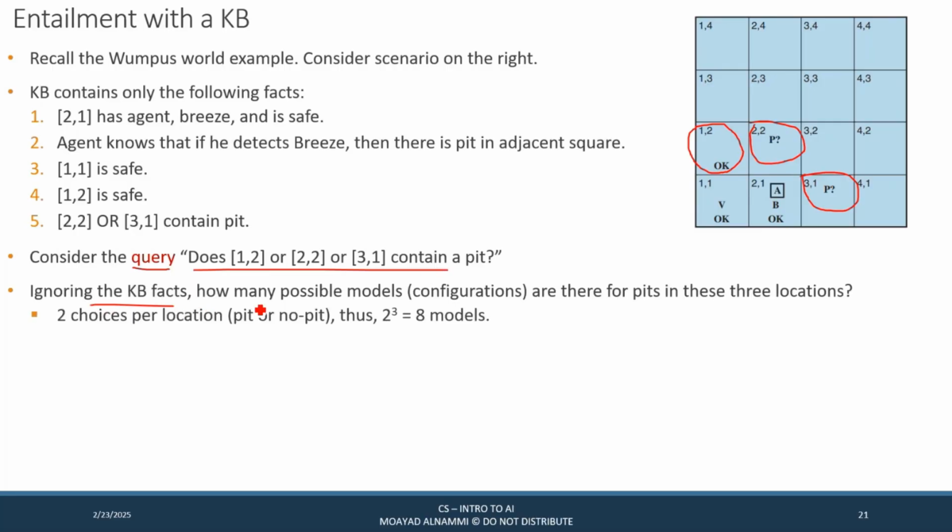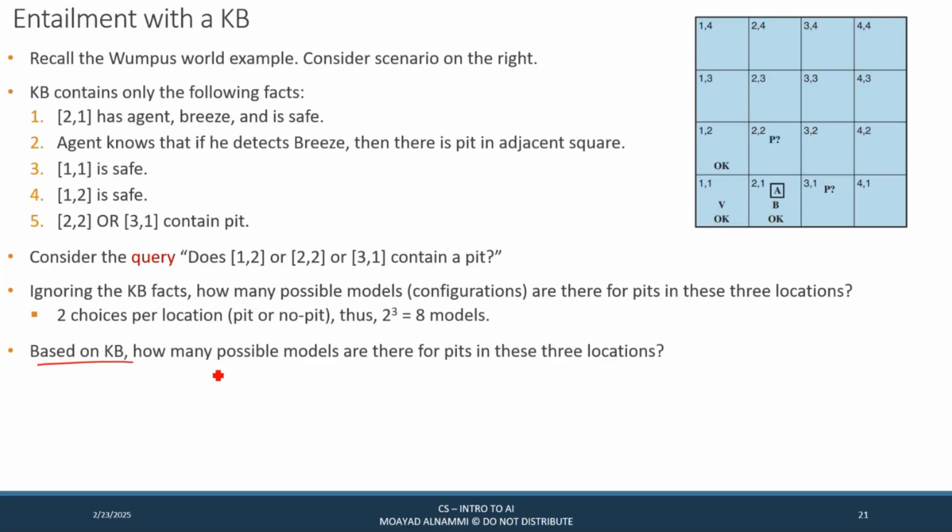Ignoring the KB facts, the question is, how many possible model configurations are there for pits in these locations? So just looking at pit status, if we look at these locations, 1-2, 2-2, and 3-1, there are two choices per location. It can either have a pit or no pit. That means for these three locations, there are 2 to the power of 3, which is 8 models.